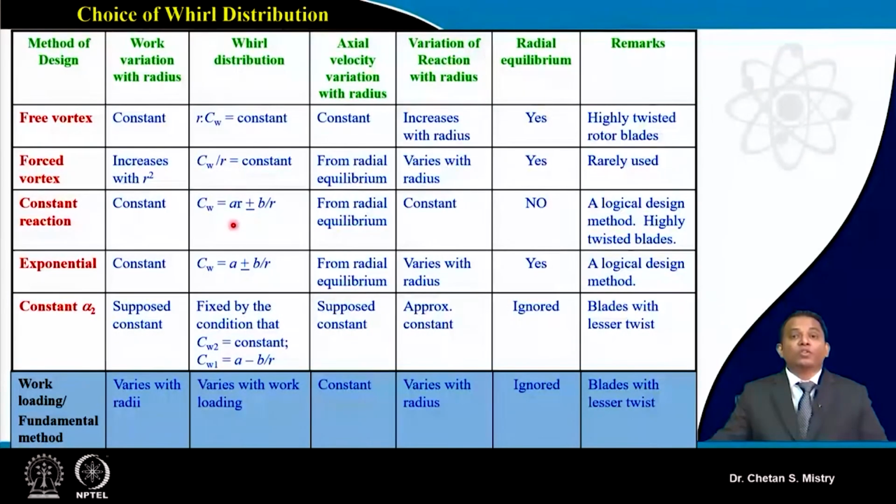The whirl distribution we have arbitrarily chosen; the whirl velocity components Cw1 and Cw2 vary in the form of aR plus or minus b by R. So at the entry we assume one whirl distribution, and at the exit a different whirl distribution. The axial velocity we calculate based on the radial equilibrium equation, and as we decided on constant reaction, the degree of reaction is constant.